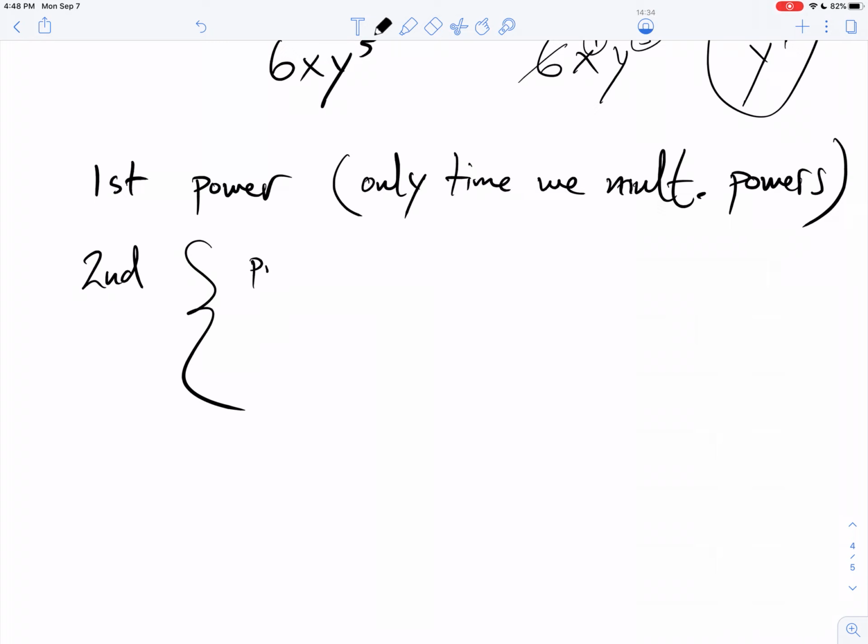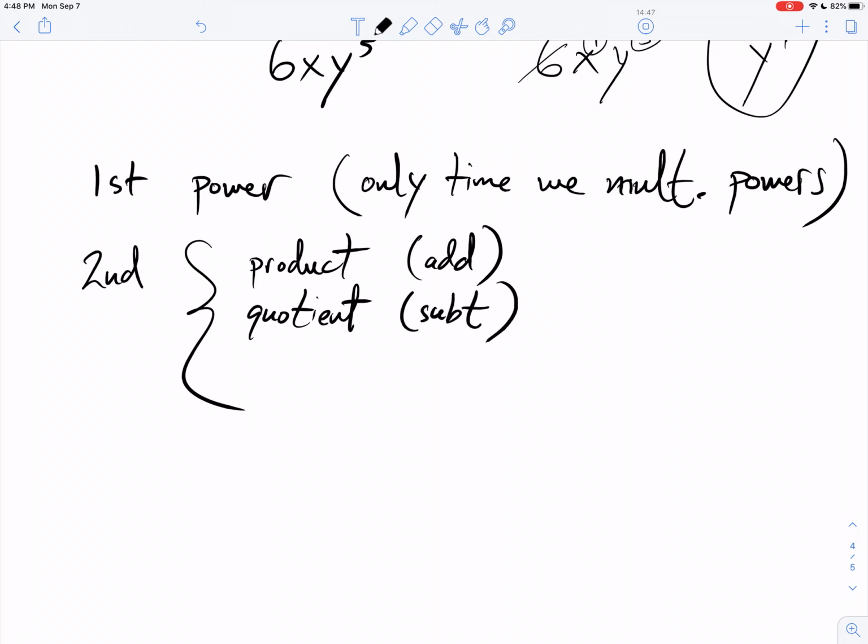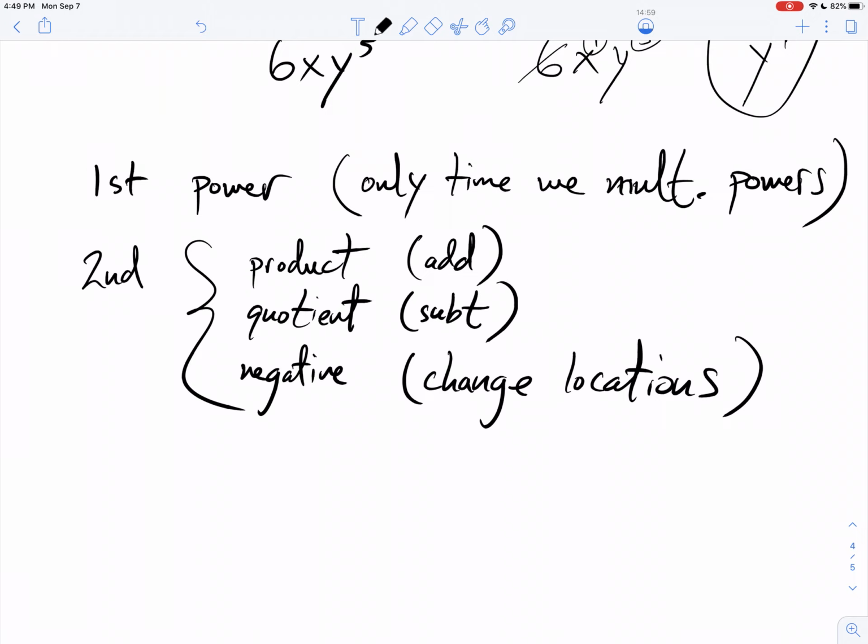It could be the product rule. That's when we add. It could be the quotient. And that's when we would subtract. And then the last one is negative exponents. That's when we change locations.